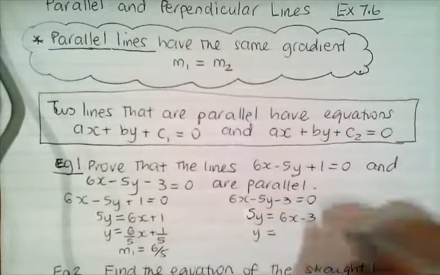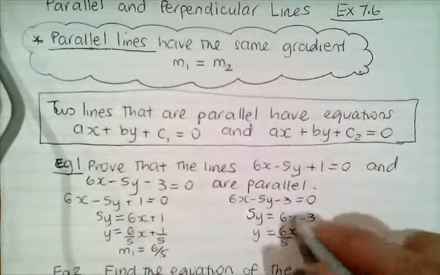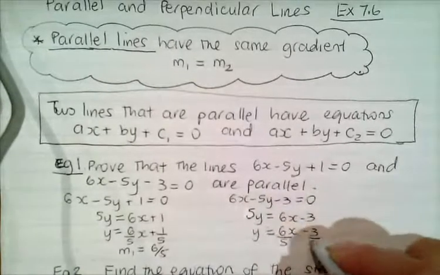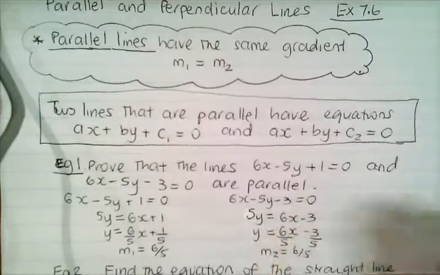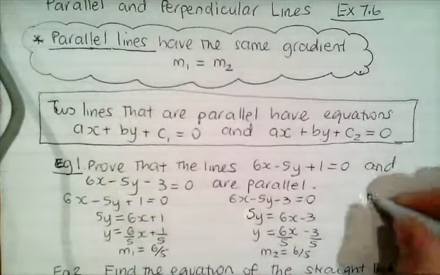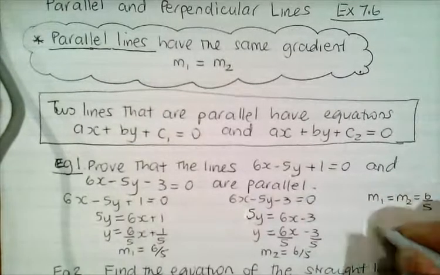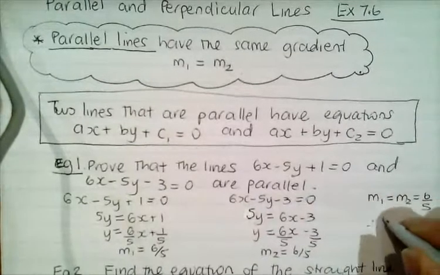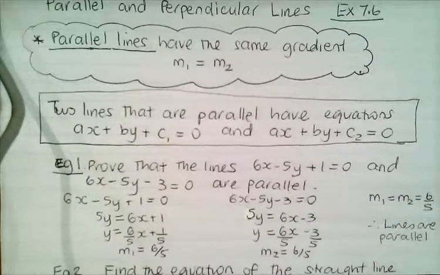Dividing both sides through by 5, we get that y equals 6 on 5 x minus 3 on 5. Therefore, the gradient of this second line is also 6 on 5. So we've got here that gradient 1 equals gradient 2, which equals 6 on 5. Therefore, those two lines are parallel, because they have the same gradient.